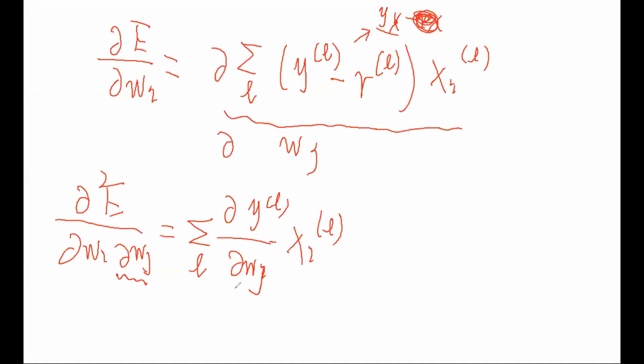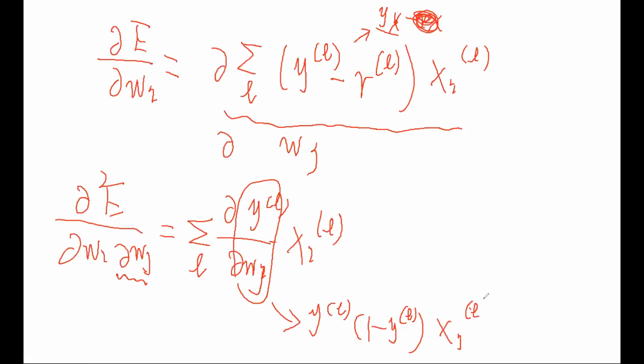Now, how can we compute this term? This is by the chain rule, because Y is a function of A, which is a function of W. Y as a function of A will give you something like YL times 1 minus YL. I hope you still remember this conclusion. Then the derivative of A with respect to Wj is XJ, because it's a linear function.